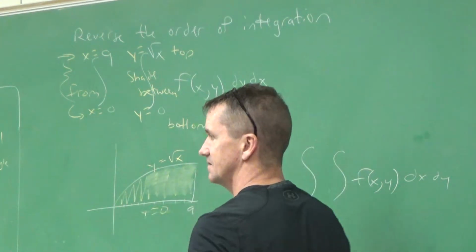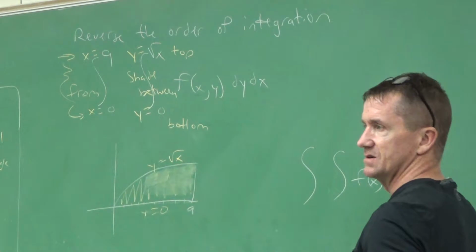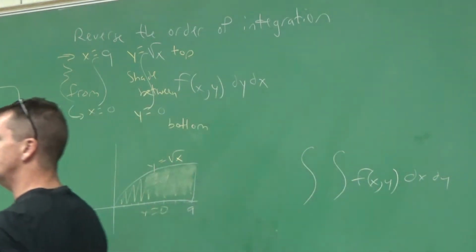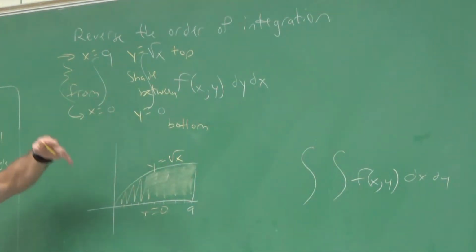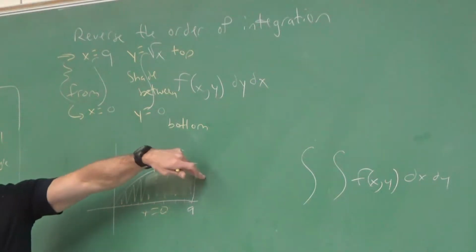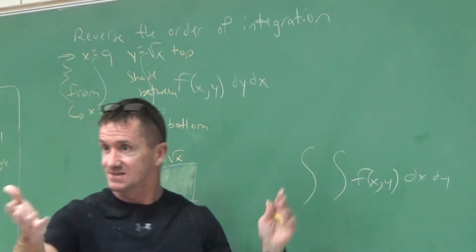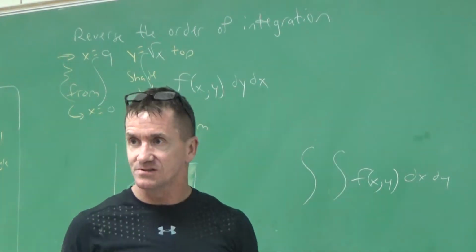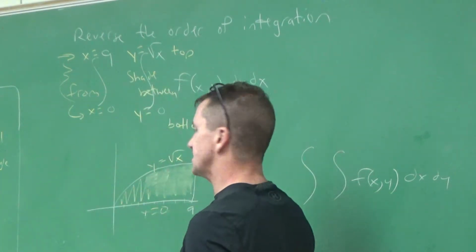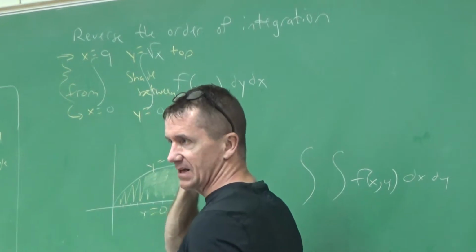All right. So far, so good? So now we're going to reverse it. You can do this by tilting your head, but we don't need to get a neck cramp like I was saying last class.